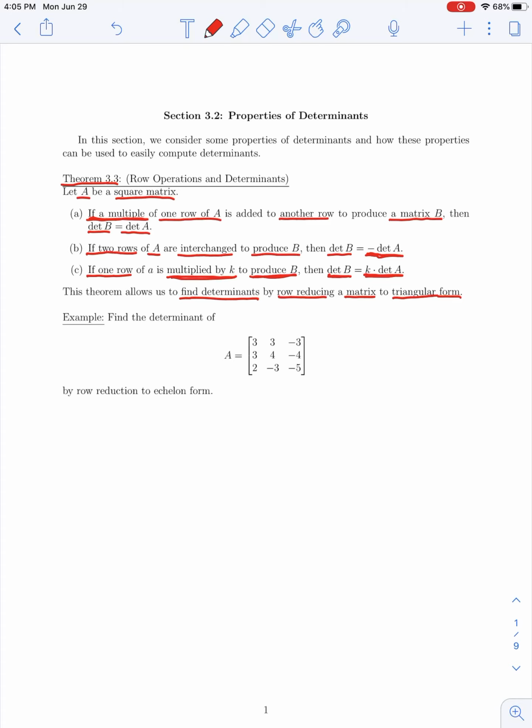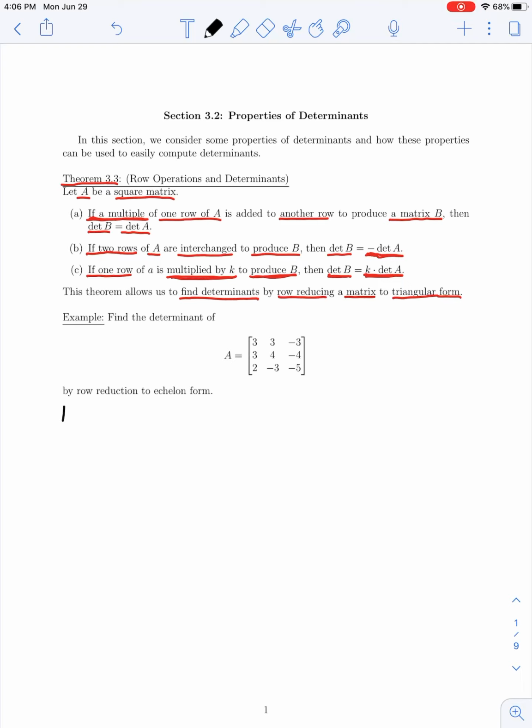So let's take a look at this first example. We want the determinant of this 3x3 matrix. And we could get this through a cofactor expansion along one of the rows or columns. But we see that none of the rows or columns contain zeros, so a cofactor expansion can be a little bit tedious.